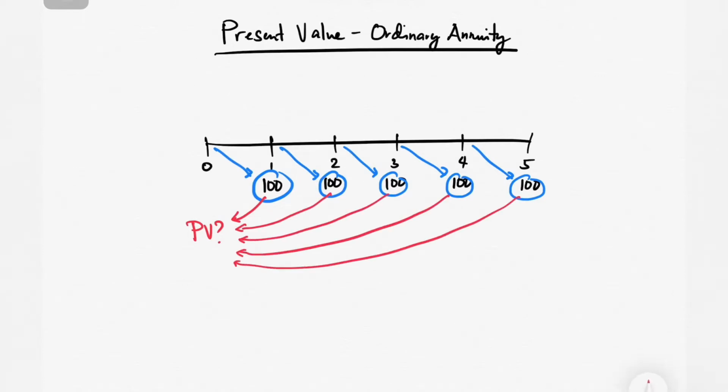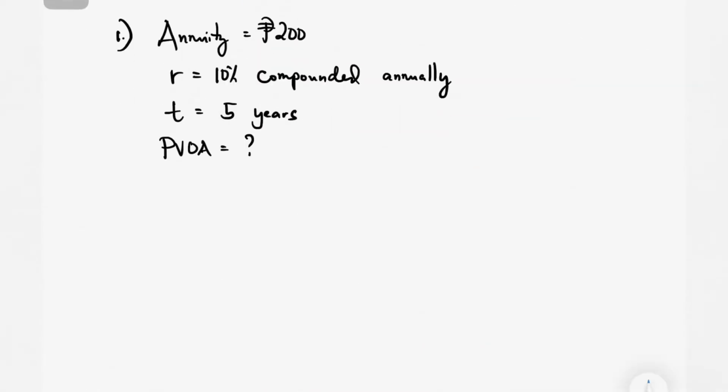To appreciate, let's try solving some problems. Let's try this one. You are given an annuity of 200. So that's the regular payment or collection. You are given a rate of 10% compounded annually, time of 5 years, and you are tasked to compute the present value ordinary annuity. So before I answer, let me first illustrate the given.